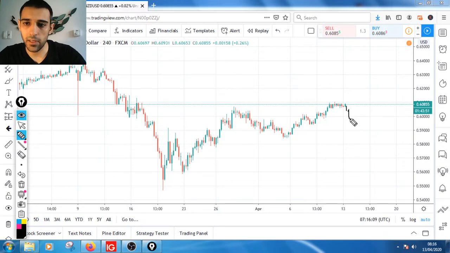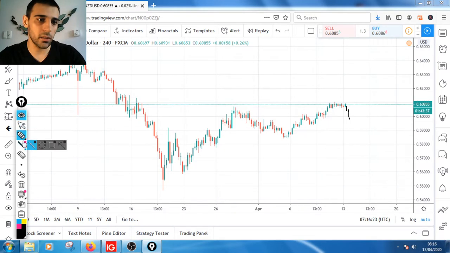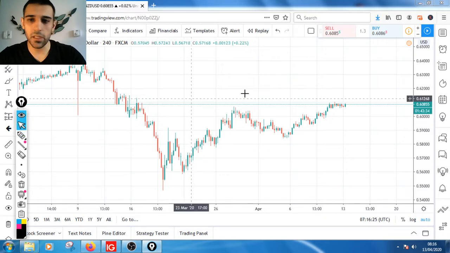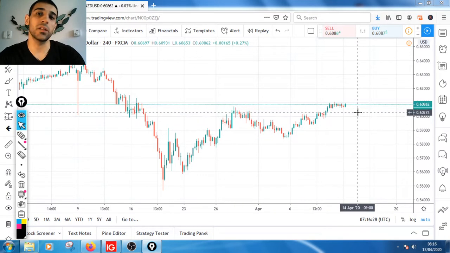But if it comes down and closes strongly as a bearish candle, then I would not be taking trades. It doesn't look like a great setup. The euro dollar is a pretty good setup, so that's good potential. This one is all right. It has potential, but it's not as good as the euro dollar currency.